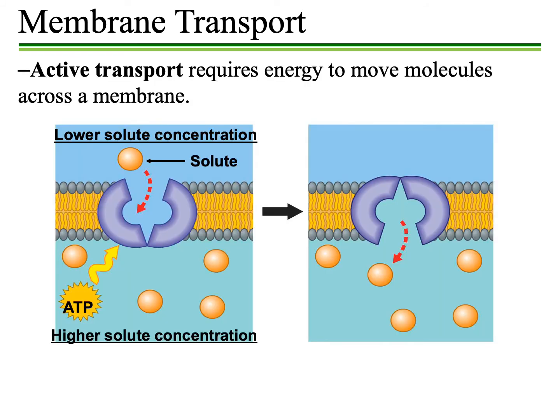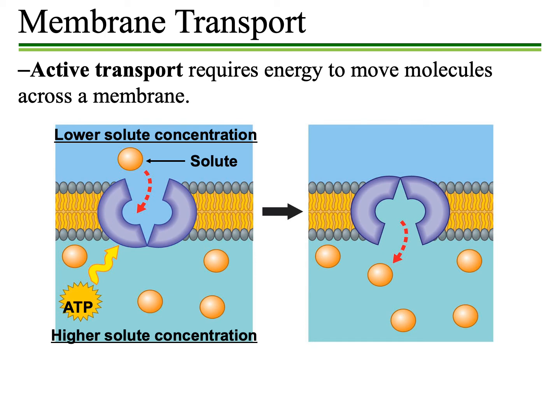Okay, so let's transition now into active transport. Active transport, as we defined previously, is a mechanism of transport that requires the input of additional energy to allow molecules to move across the membrane. Interestingly, though, with active transport, you do have a protein involved that is referred to as the carrier protein or transport protein.